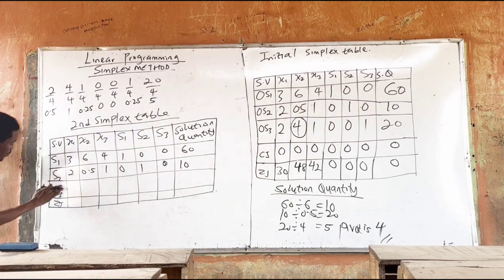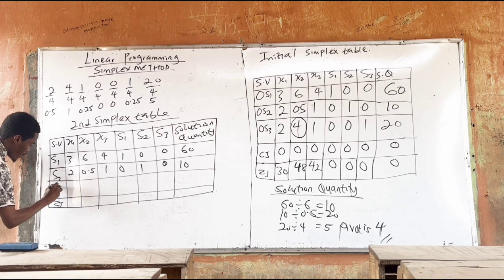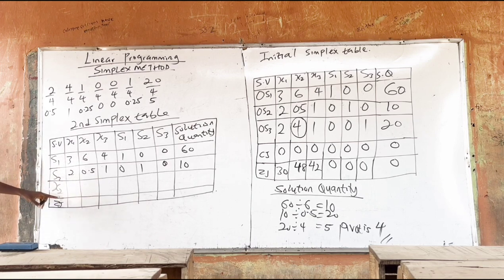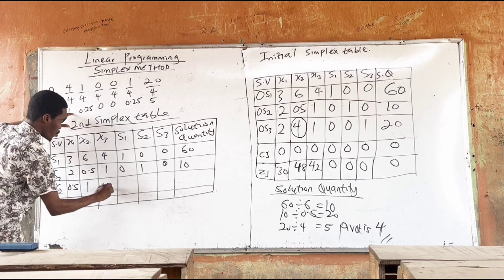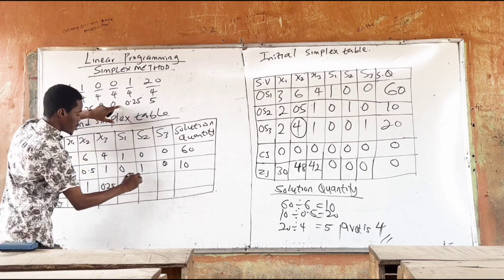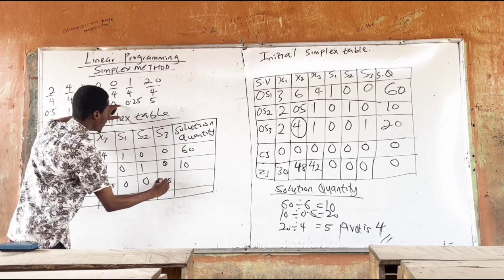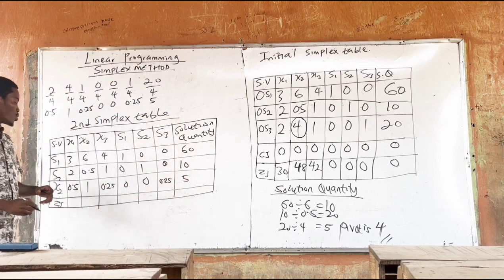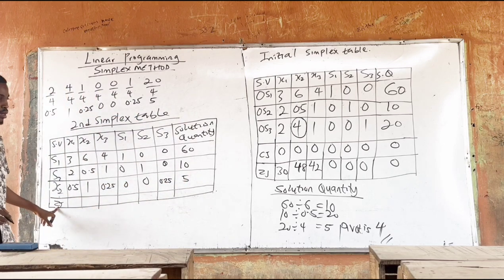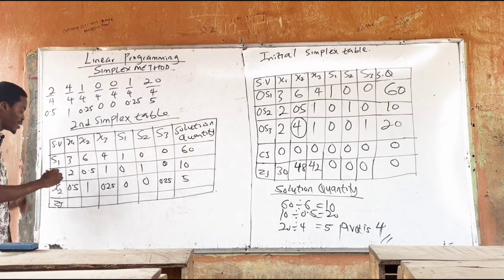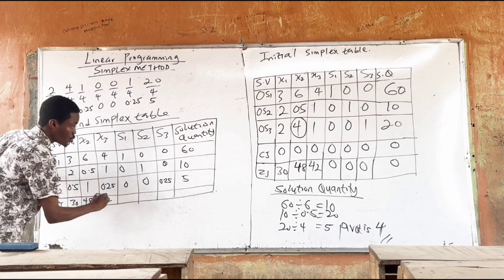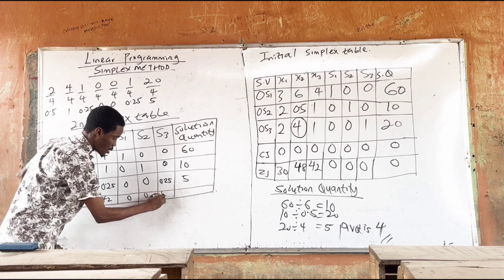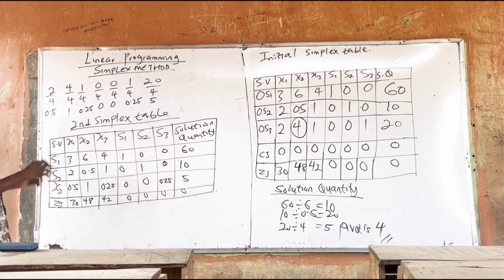So here I'm going to have my new pivot row, which is 0.5, 1, 0.25, 0, 0, 0.25, and 5. My objective function row, that is my last one, is Zj: 30, 48, 42, 0, 0, 0, and 0. So this is my second simplex table.